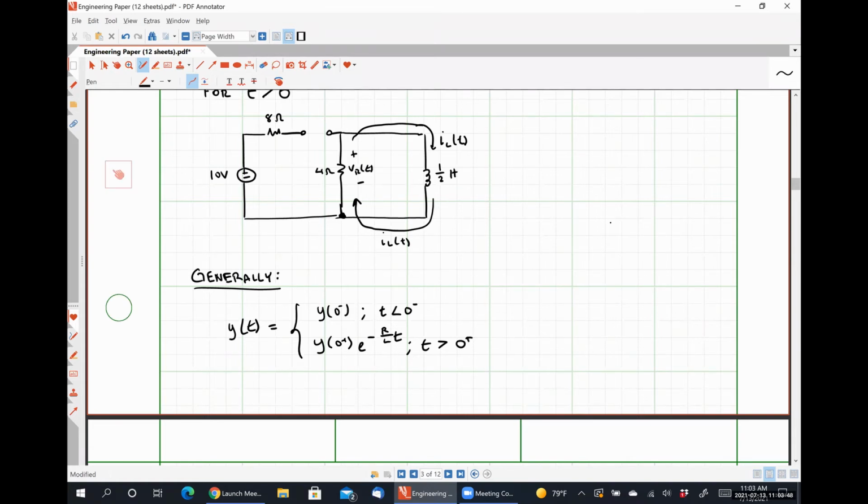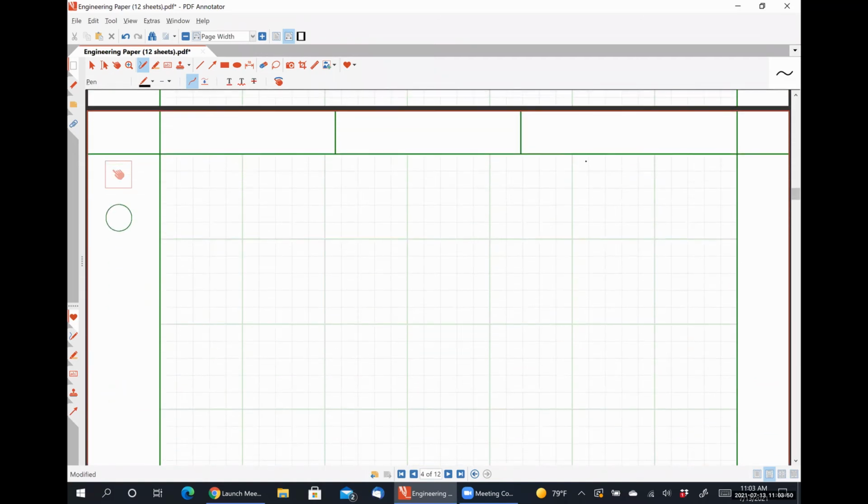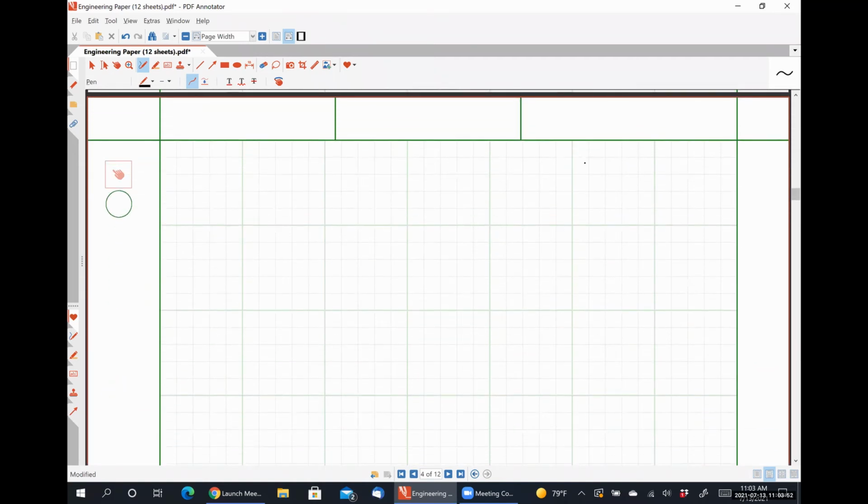All right, so let's look at another problem. Let's say that I have a 12-volt source that I am disconnecting from the following network.